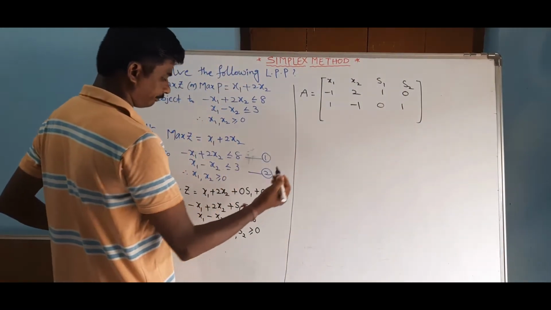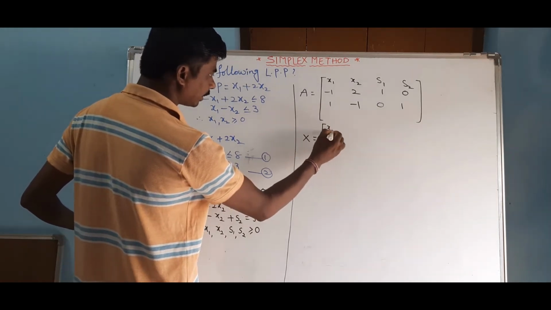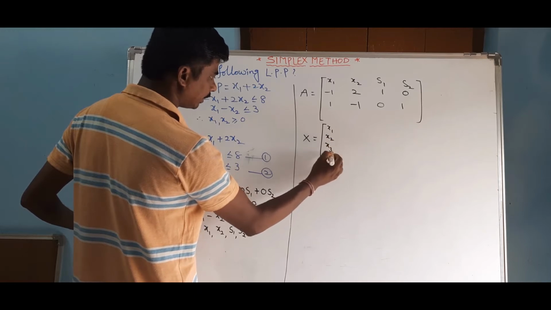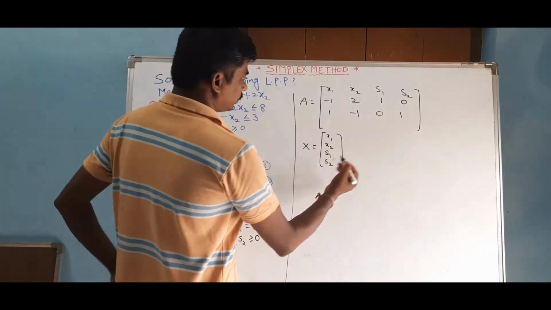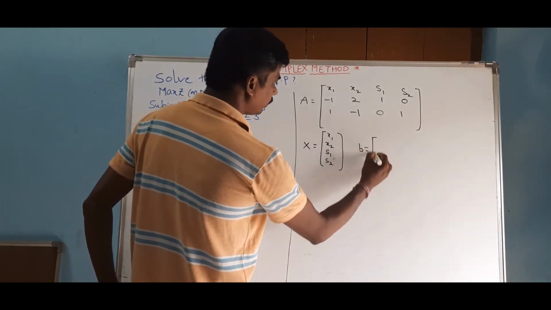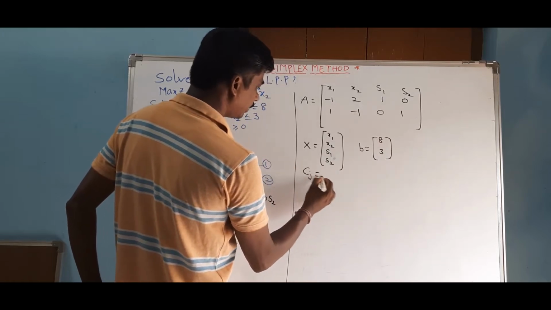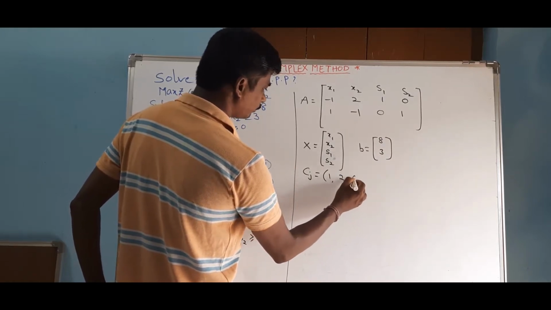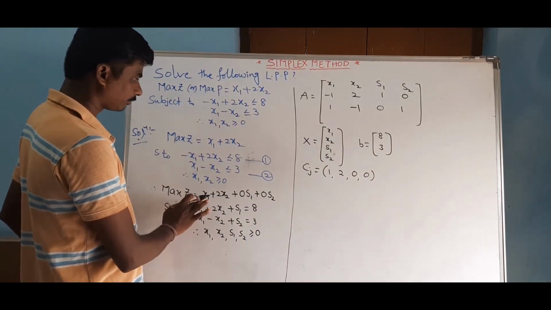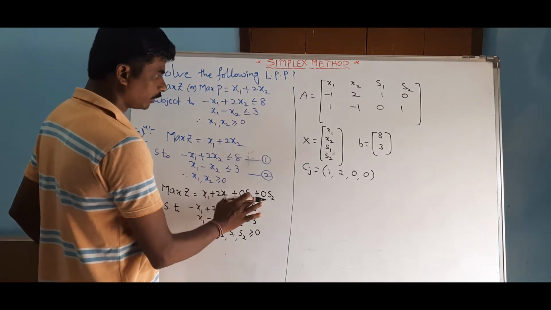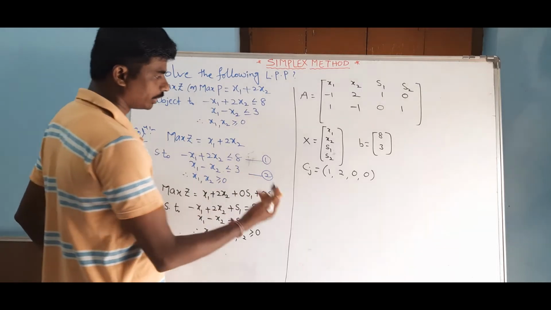Then x equals x1, x2, s1, s2, and b equals 8, 3, and cj equals 1, 2, 0, 0. These are the decision variables: x1 coefficient 1, x2 coefficient 2, s1 slack variable, s2 slack variable. We introduced 2 slack variables here.